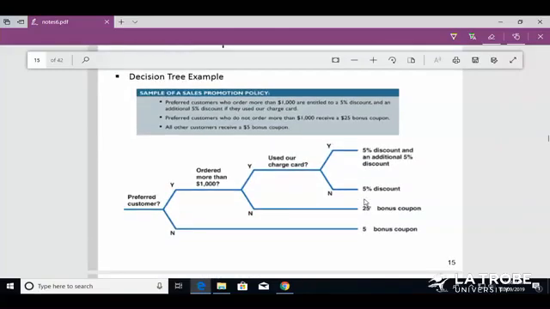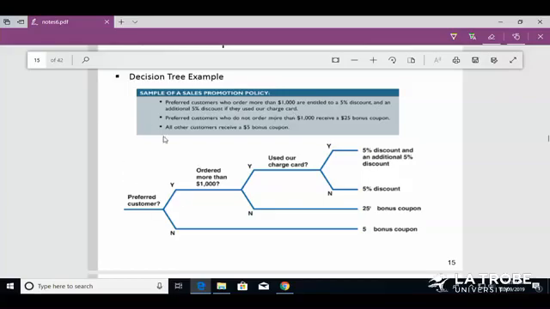Now to represent this scenario in a decision tree, first of all we say preferred customer. Yes or no? Is he a preferred customer or not? As we said, preferred customers who order more than 1,000 are entitled to a 5% discount, and an additional 5% discount if they use our charge card.